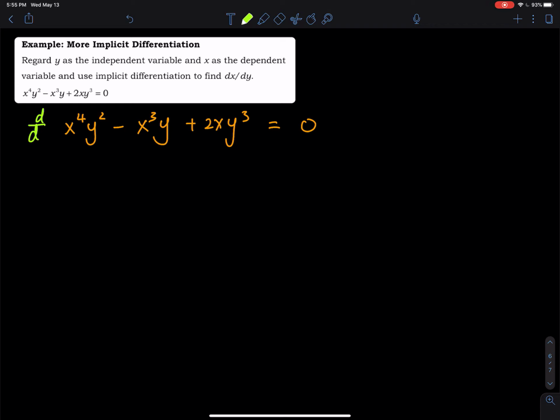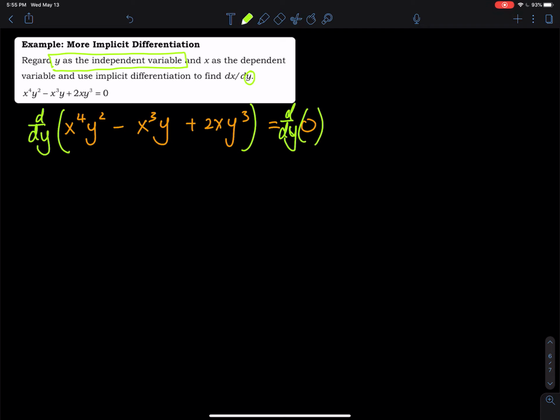Is that still dy dx? No, this is dx dy. This time we are going to differentiate both sides with respect to y, because y is the independent variable here. Look, y is the independent variable, and then we have a dy in the denominator, so we do d/dy, not d/dx.